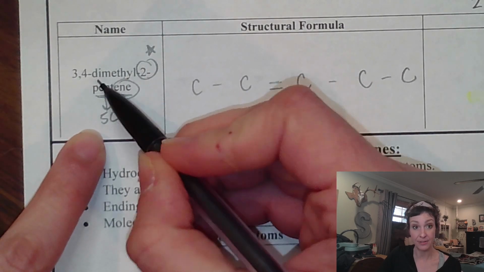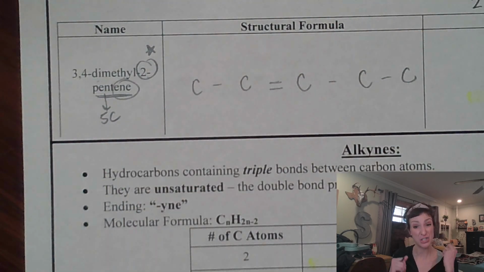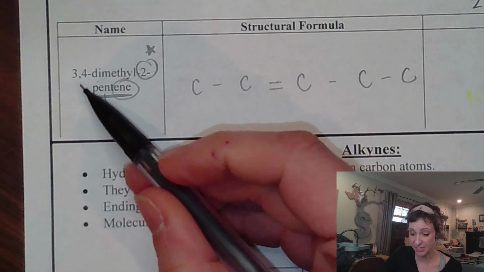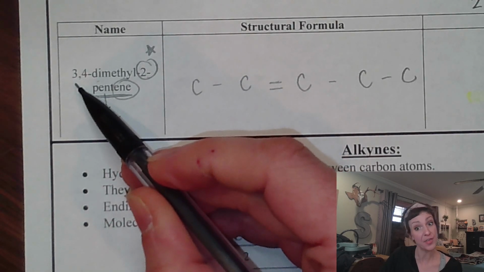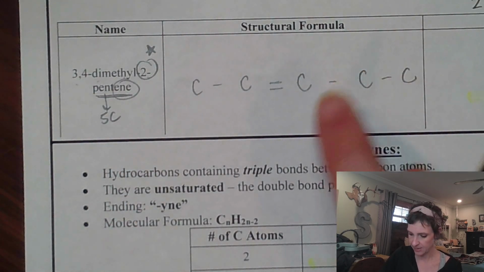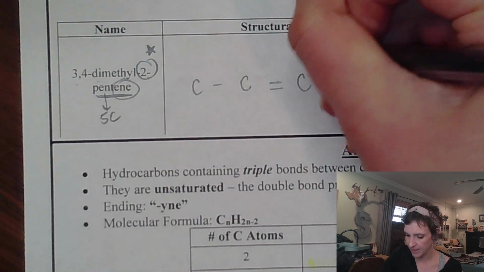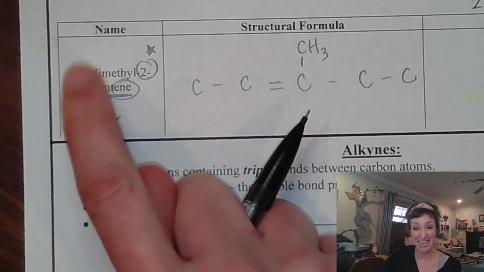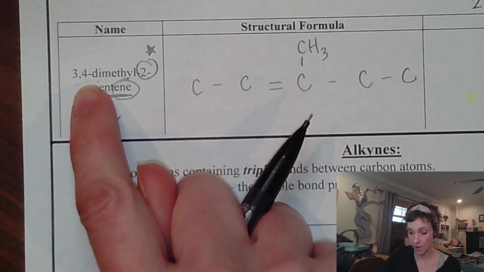I have a dimethyl. Dimethyl means I will have 2 separate CH3 groups, right? One of them will be coming off of the 3rd carbon. So here is my 3rd carbon, so I will give him a CH3. And then I have my 2nd methyl group coming off of the 4th carbon.